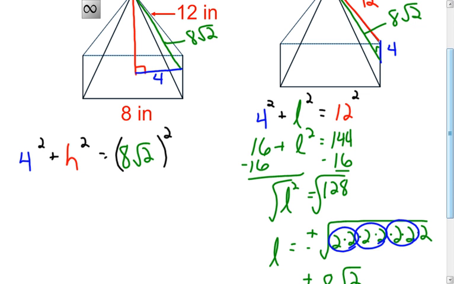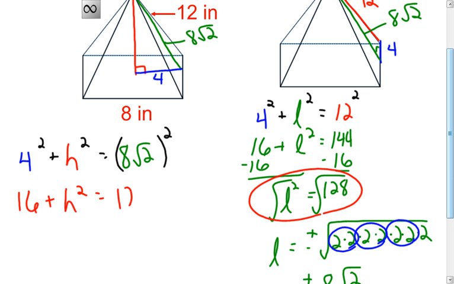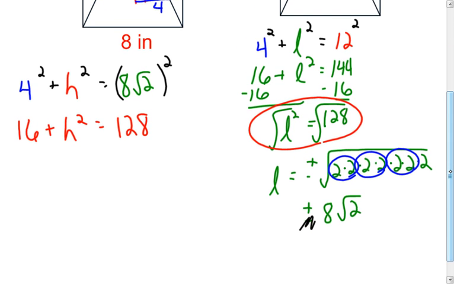So 4 squared is 16 plus H squared equal to, well, 8 root 2 squared is just going to come back to right here. I took the square root of 128 to get 8 root 2, so if I square it, I'm going to end up back at 128. So probably would have been to my advantage not even to worry about simplifying it, but that's okay. A little extra practice on that, it's not going to hurt us.